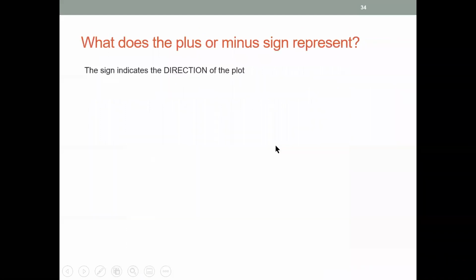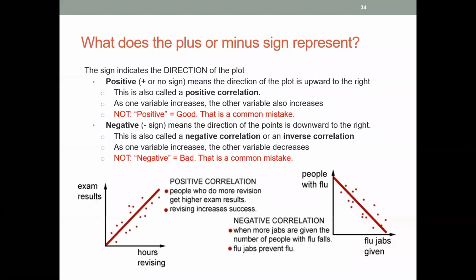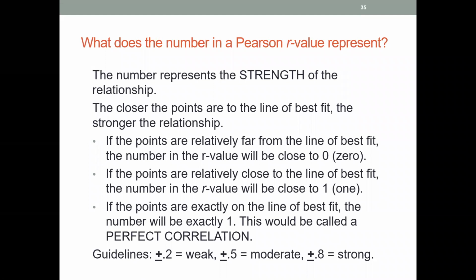You'll see that in various research, and it's super important to understand correlations because they're misinterpreted all the time. So in psychology, we have guidelines for what determines a weak, a moderate, and a strong relationship. If the Pearson R value is 0.2, and it could be a plus sign or a minus sign, that doesn't matter, that's a weak relationship.